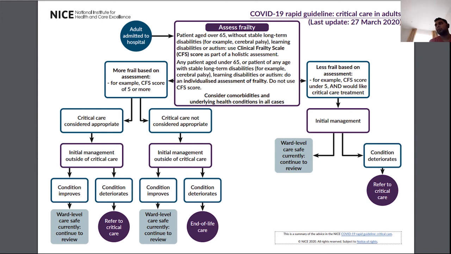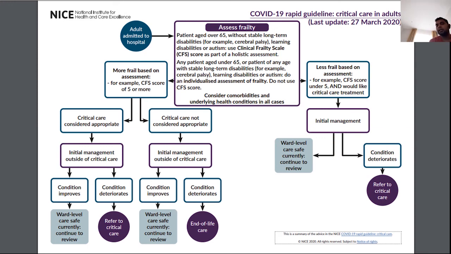Now, the thing to remember about the Rockwood score is it is a screening tool. It's not a diagnostic tool. And it's also got an evidence base in those aged 65 and over. Whereas we know the nature of frailty in the under 65 group is different and can be due to the underlying illness.